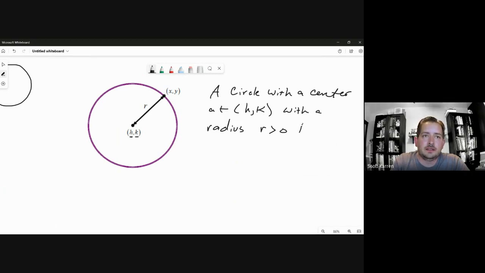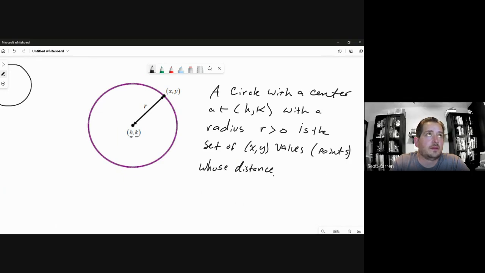That is the set of points, set of x and y values, points in a two-dimensional system, whose distance to the point (h, k) is the value r.